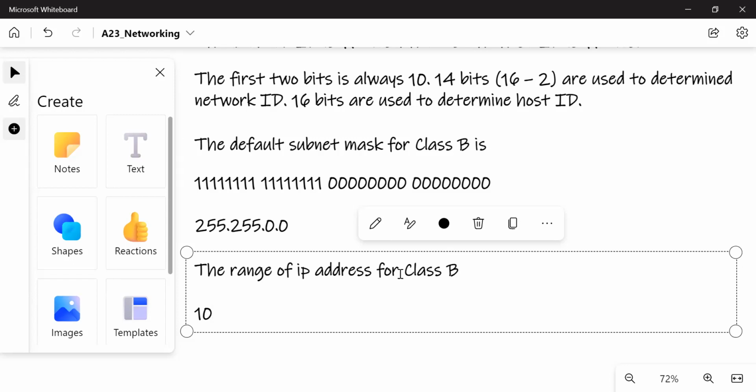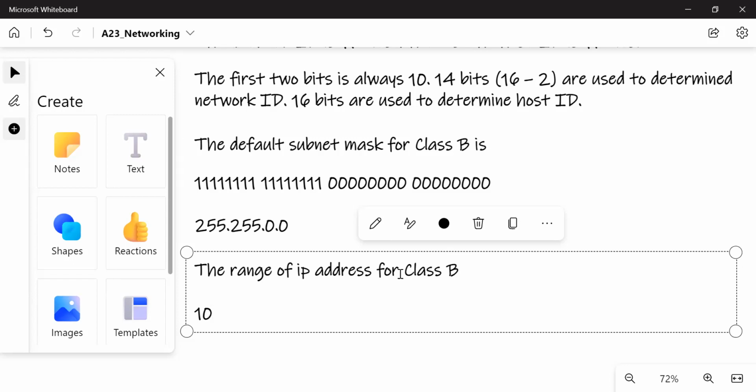So the minimum should be for the network another set of zeros, and the maximum is you start with 1 0 and the remaining will be all ones.